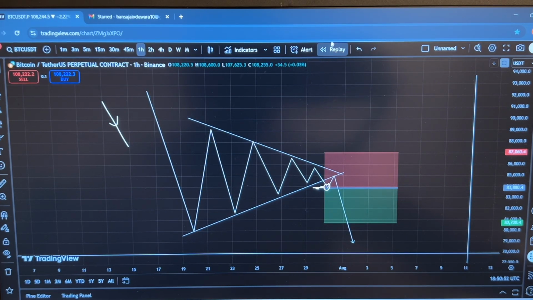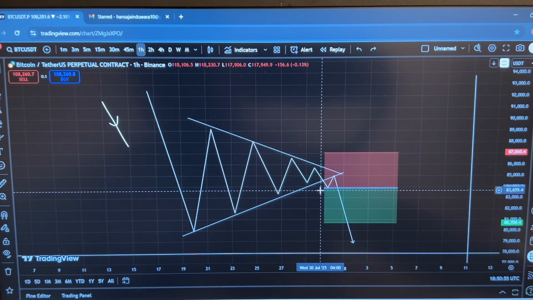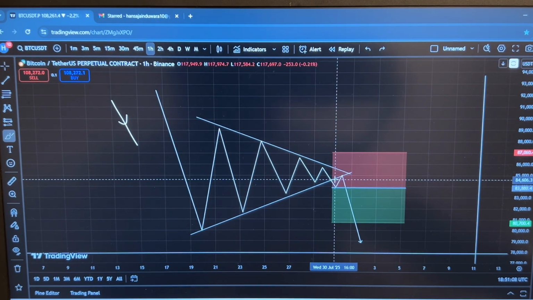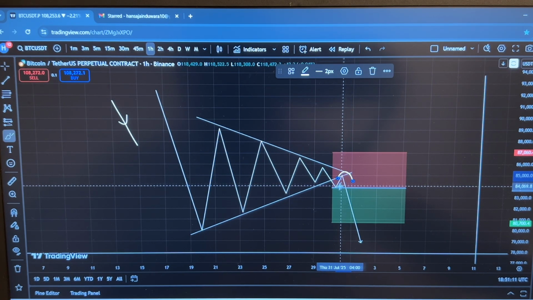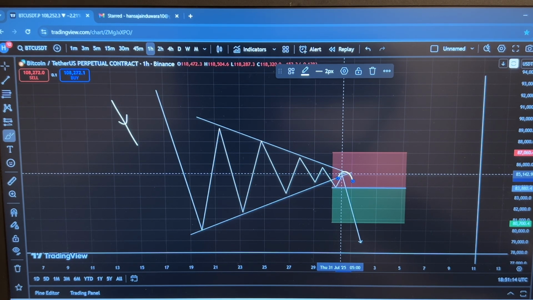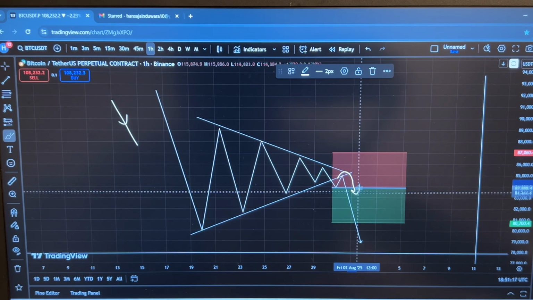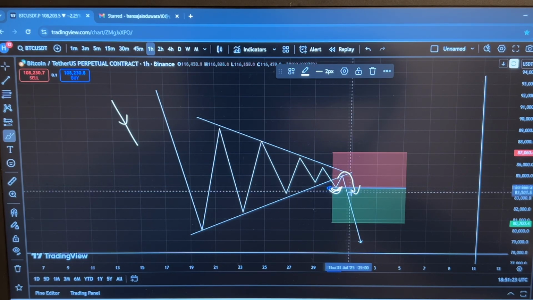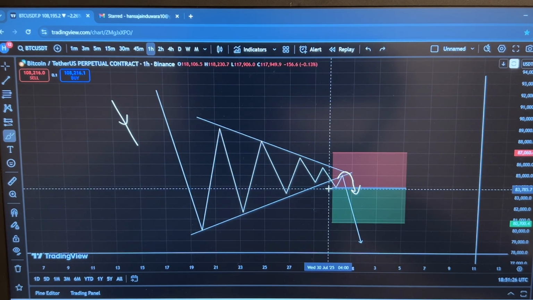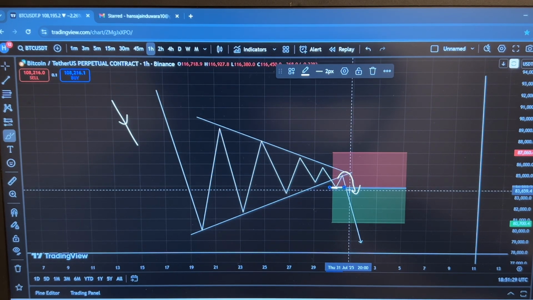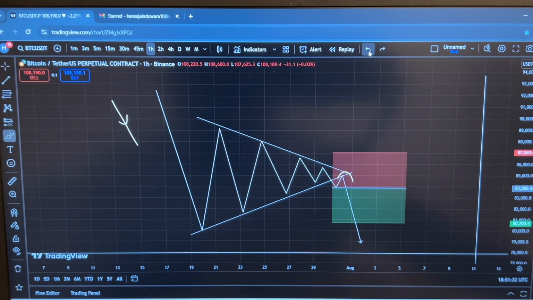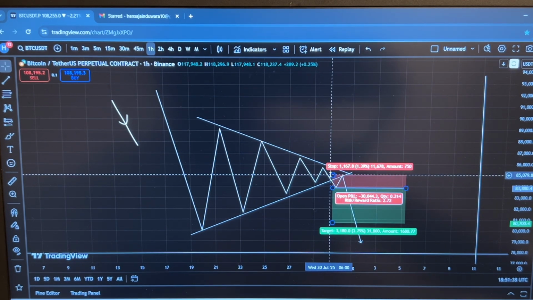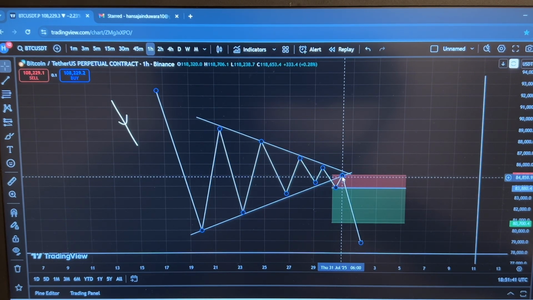Then we keep our limit orders here and wait for the retest, because this retest needs to come down and hunt this low. When it hunts this low, our limit orders get triggered, so basically we are in that trade, and now we have a clear idea of where to put the stop loss. We bring it to the retest level, to this retest high.